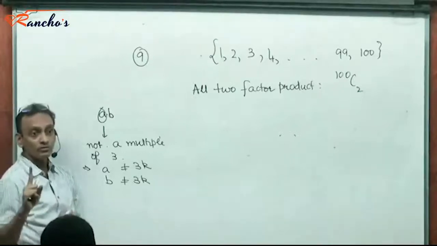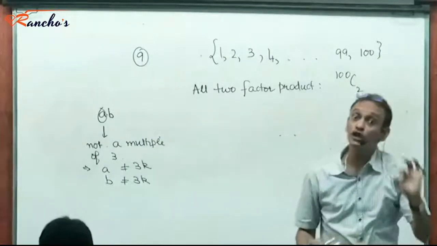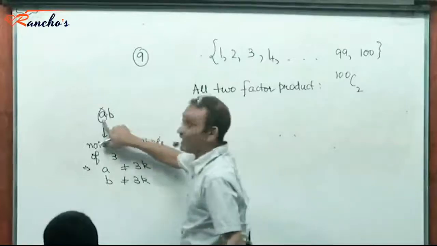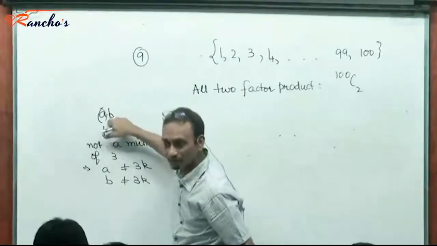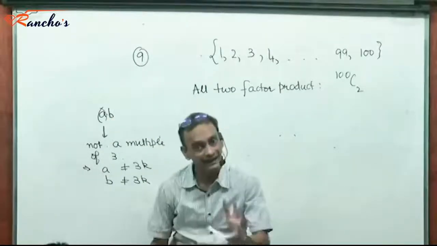Let me find out. See, these are the total number of two-factor products. The number of two-factor products that are not multiples of 3 can be found by selecting A, which is not a multiple of 3, and selecting B, which is not a multiple of 3. Then that will give me all two-factor products that are not multiples of 3, right?